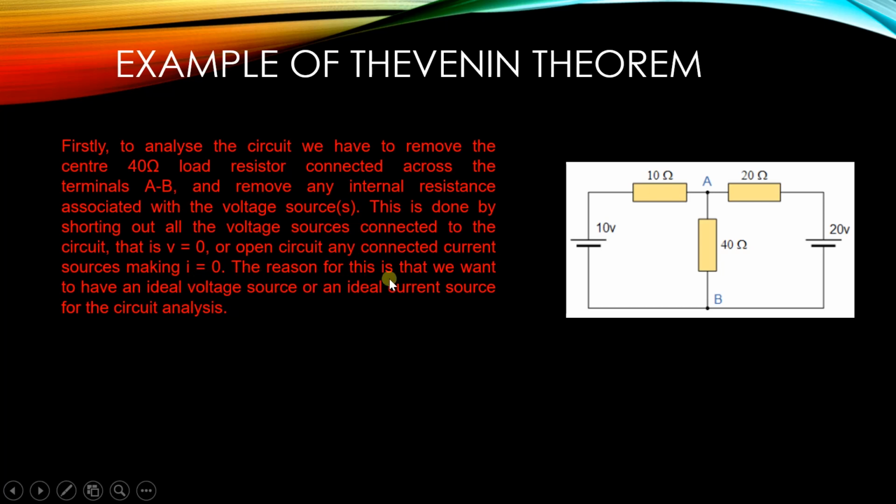The reason is that we want an idle voltage source or idle current source for the circuit. Means we have to find the load current across the terminals A and B. For this, we remove the 40 ohm load resistance, and in the second step we replace the voltage sources by their internal resistances. If we have a current source, we make it open circuit. If we have a voltage source, we make it short circuit.